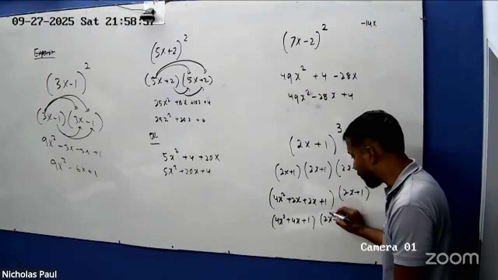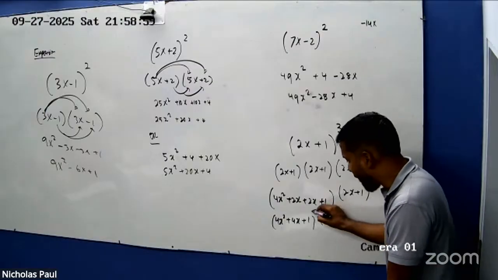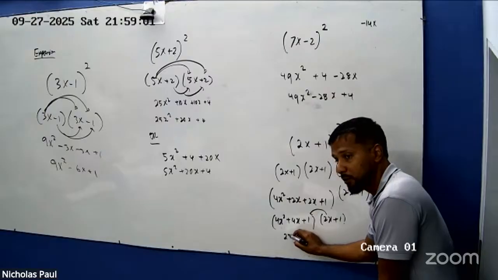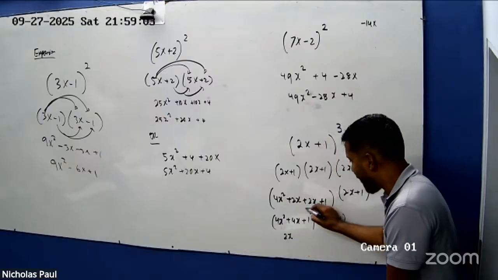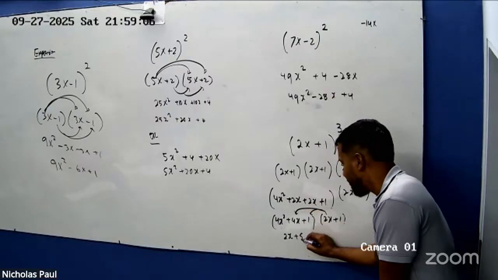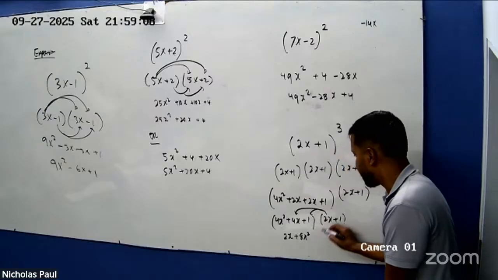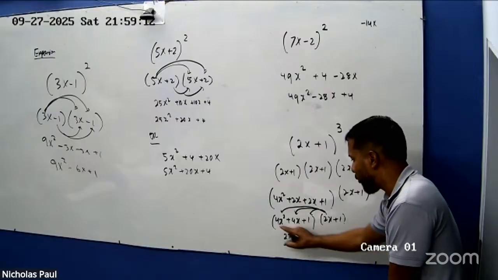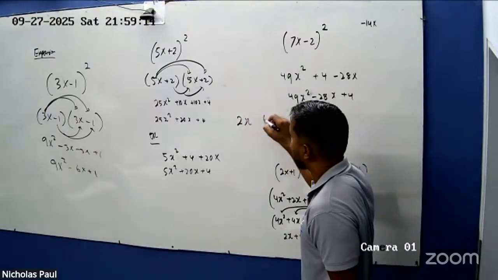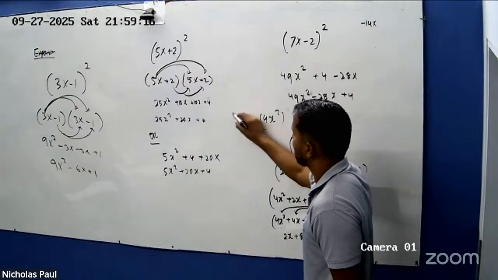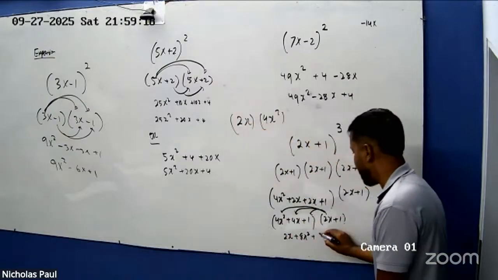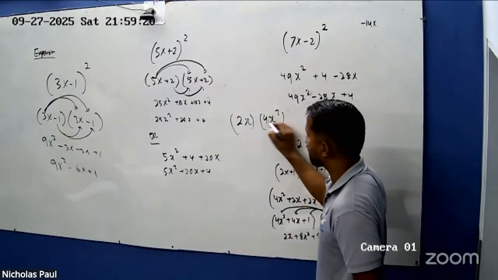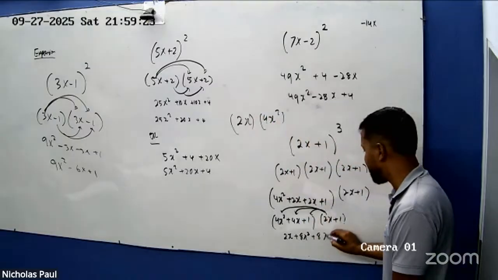So let's go. 2x by 1, 2x. 2x by 4x, 8x squared. 2x by 4x squared, 2 by 4 is 8. x by x squared, add the powers, you will get x cubed.